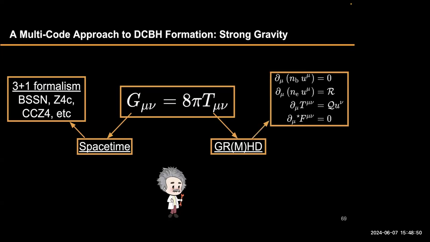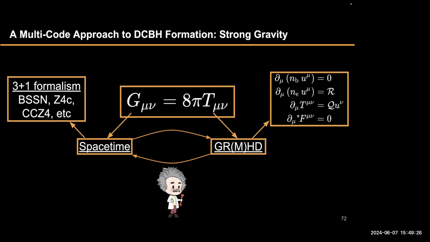And that means that we're going to have to solve additional equations. We could include neutrinos, for example. We could use advanced equations of state if we want. And then there's this communication between space-time and GRMHD, because once space-time has evolved, it tells GRMHD the metric information so that GRMHD can compute the evolution of the hydrodynamic fields. Once the hydrodynamic fields have been evolved, it computes the energy-momentum tensor and gives it back to the space-time code so that the space-time code can evolve itself. And then that back and forth just keeps happening, right?